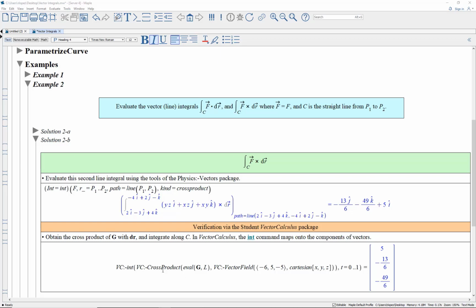And we take the cross product of the vector field G, evaluated along the line, but we've gotten that earlier, call it L, so this is a substitution here. Cross product is taken, integral is mapped onto the components of this cross product vector, and we're integrating 0 to 1, and you get these numbers: 5, which is this 5 here, minus 13.6, that's the J component here, minus 49 over 6 is the K component.